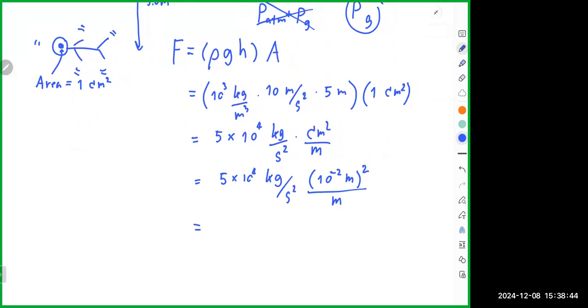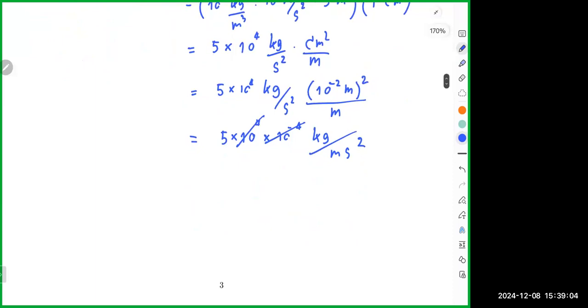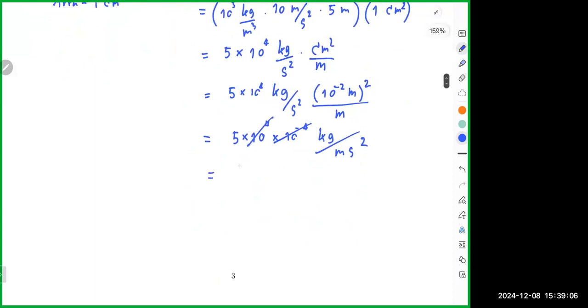You combine the numbers, and here they cancel each other, and you get just 5 kilogram per meter second square, or 5 Newton. That is the answer.